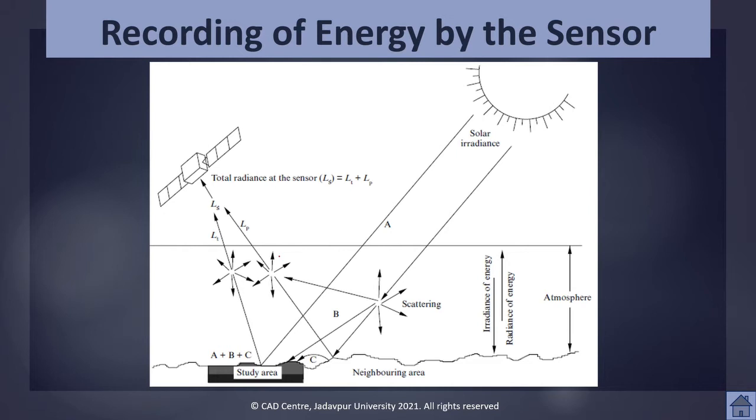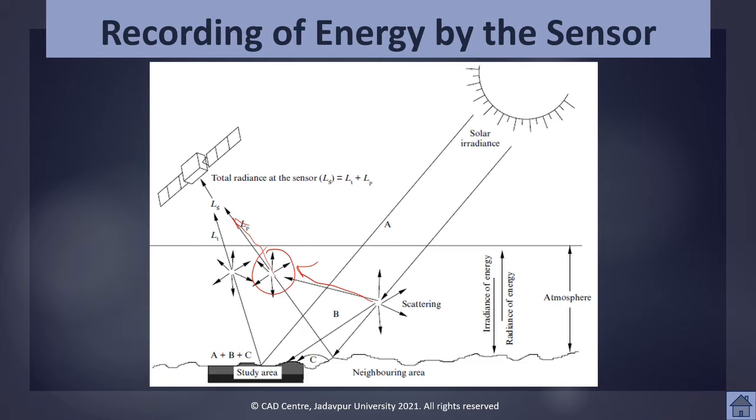As you can see, additional energy is coming towards the sensor from different areas. This effect is known as adjacency effect. Near the boundary between two regions of different brightness, the adjacency effect results in an increase in the apparent brightness of the darker region, while the apparent brightness of the brighter region is reduced.